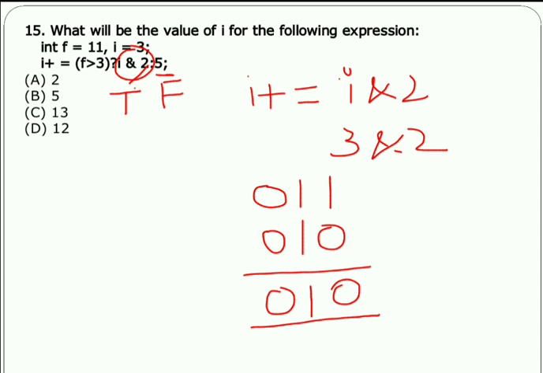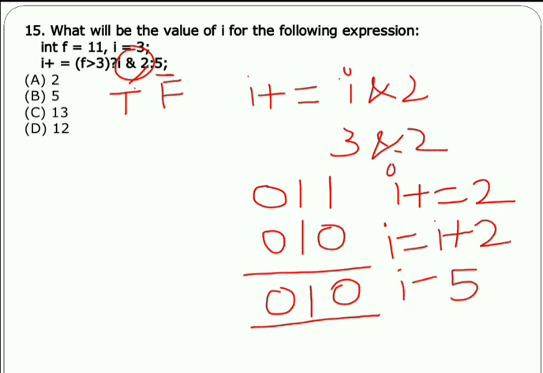So now i += 2. That means i = i + 2. So i value is 3, right? So 3 plus 2, that is 5. i value equals 5. It is the answer. So i value is 5. Option B is correct here.